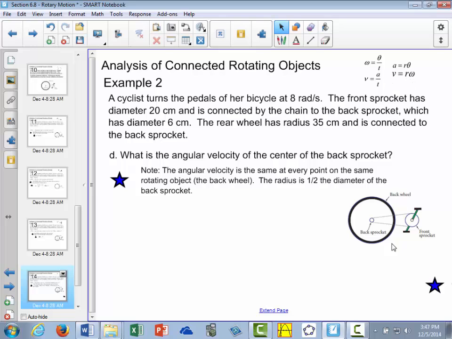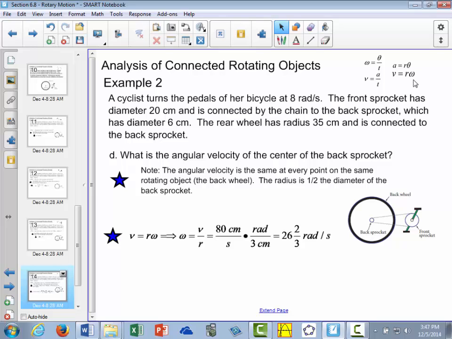Right? So our back sprocket has a diameter of 6 centimeters again, so we need the radius, which is 3 centimeters. So we're going to put the 3 in there for the radius. And we know the linear velocity, again, was 80 centimeters per second. So we're going to take that 80 centimeters per second and divide it by the 3 centimeter radius.